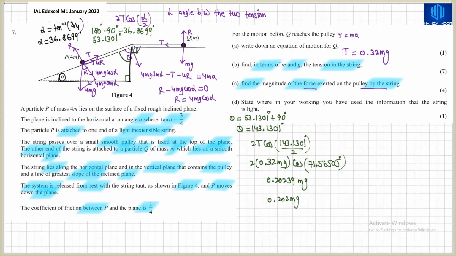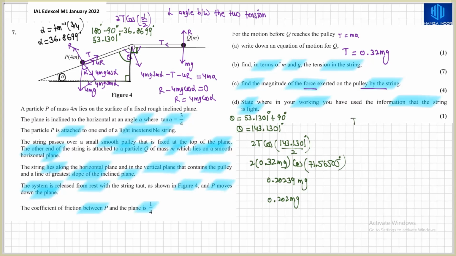All right, so now we have part D. State where in your working you have used the information that the string is light. So the assumption is that the string is light. The string has no mass on its own. It is massless. Okay, so how have we actually used this assumption over here? According to this assumption, the tension in the string will be the same throughout a particular section of the string.